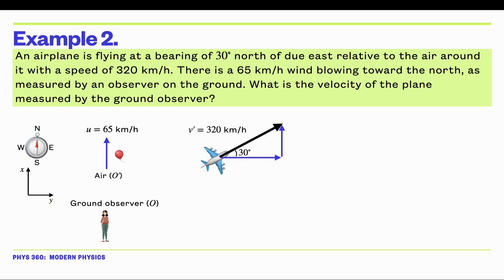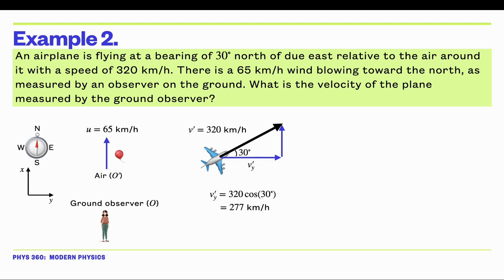We can now look at what our airplane is doing. It says that the airplane has a velocity of 320 kilometers per hour at 30 degrees north of due east, relative to the air. Since the rest frame of the air is the primed frame, this 320 kilometers per hour is going to be V prime.